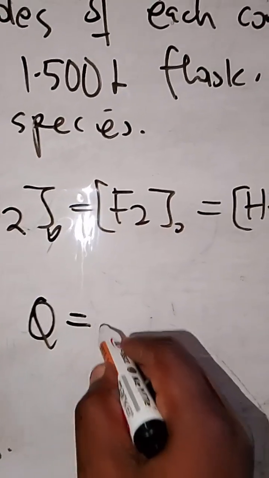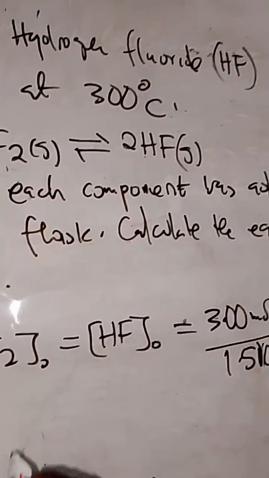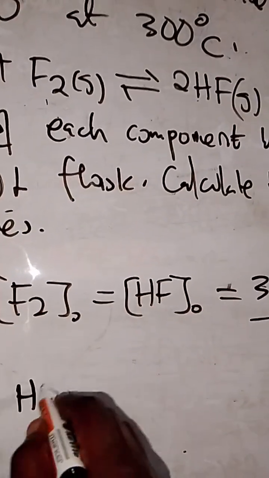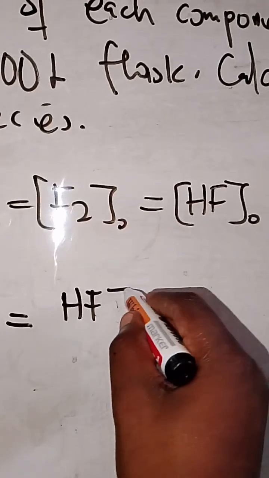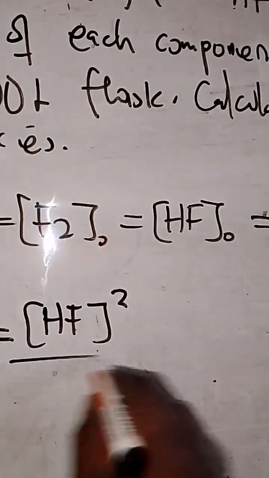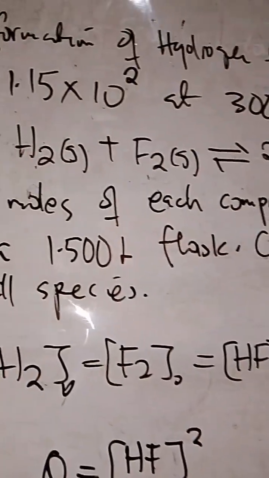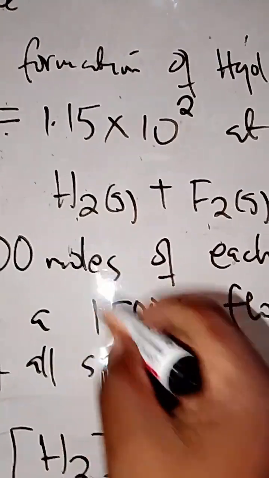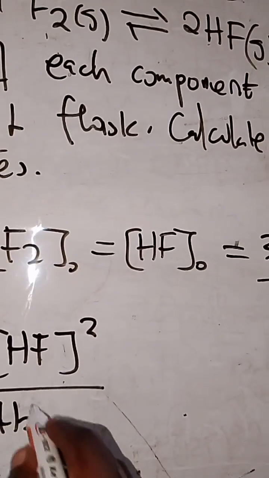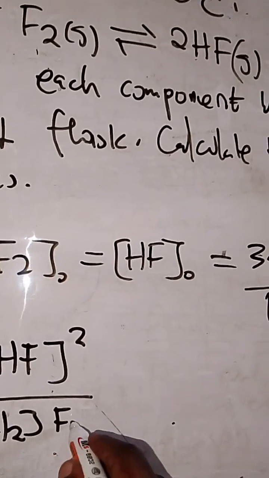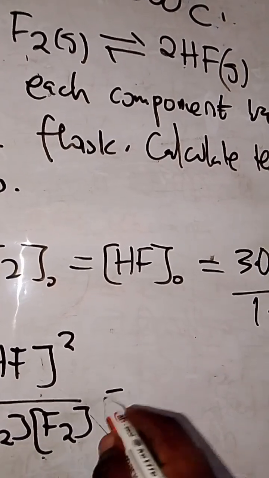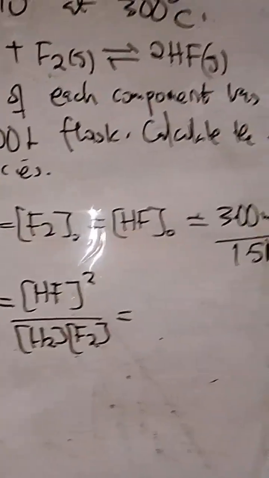So Q is equal to hydrogen fluoride squared over hydrogen times fluorine. Okay, so we substitute.